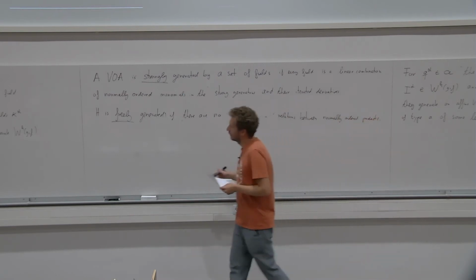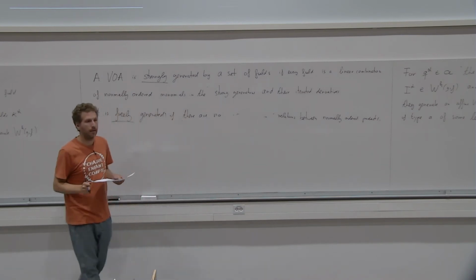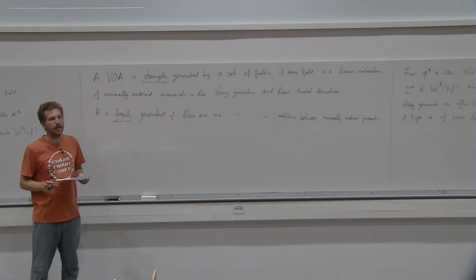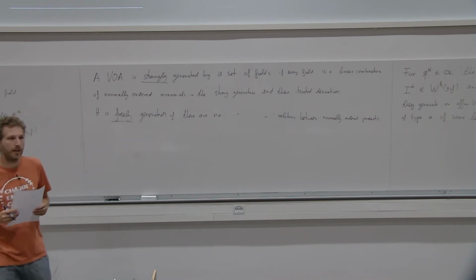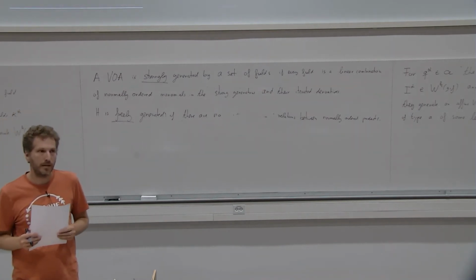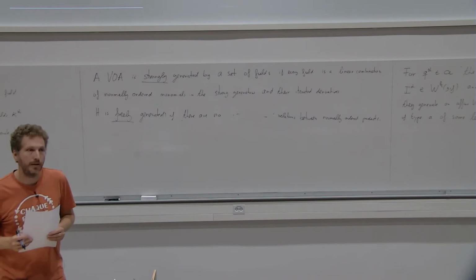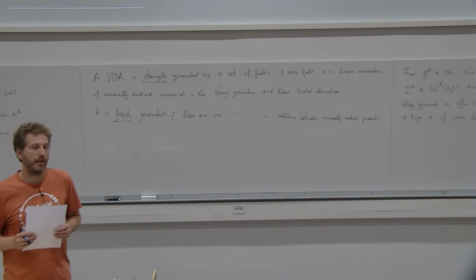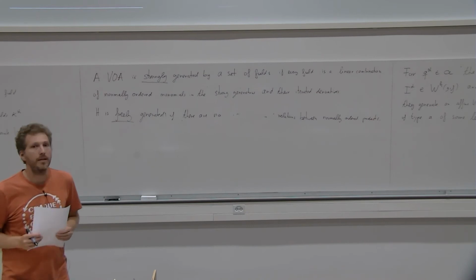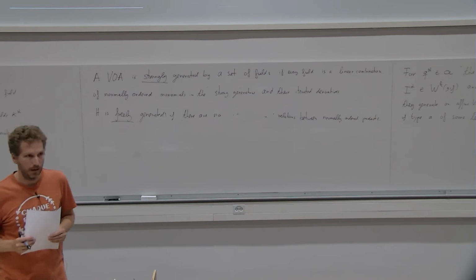Okay, and the vertex algebras we've seen so far are also strongly and freely generated by something. Yeah, exactly. The affine vertex algebra was strongly and freely generated by the fields associated to a basis of the Lie algebra. The free field algebras were strongly and freely generated by the fields associated to a basis of the underlying vector spaces.